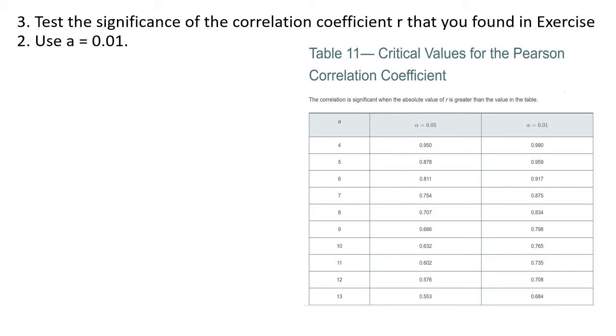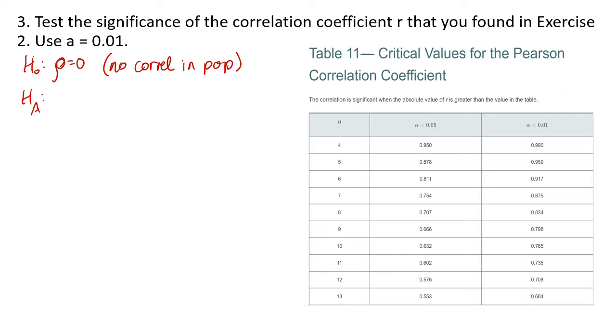Our next goal is to use a hypothesis test to prove that there really is a correlation in the population and not just in our sample of 12 years. So first we need to make sure we understand what our null and alternative hypotheses are. Our null is that our population correlation is 0, meaning there is no correlation in the population.